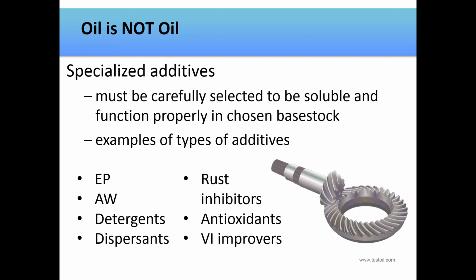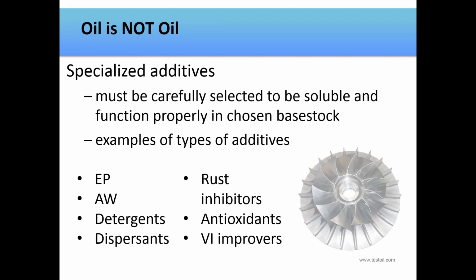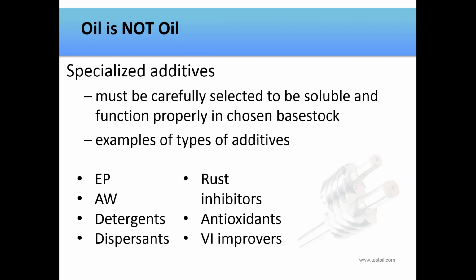So the lubricants in our world today use base stocks that are formulated with specialized additives that have to be carefully selected so that we can impart certain performance characteristics that we desire for a specific machine or application. We have to carefully select them so that the additives are, first of all, soluble in the base oil, and secondly, that they function the way we want them to.